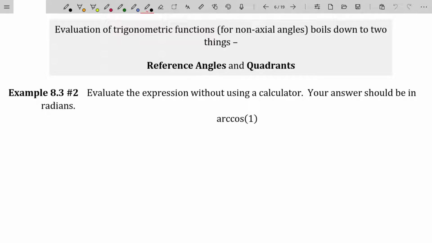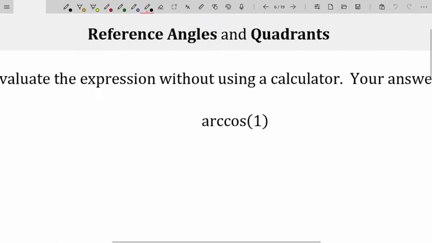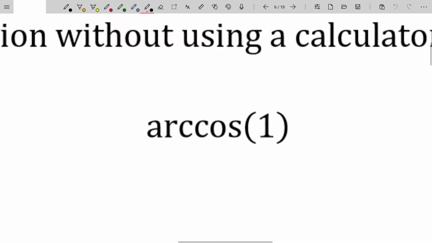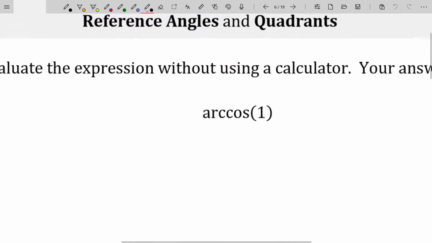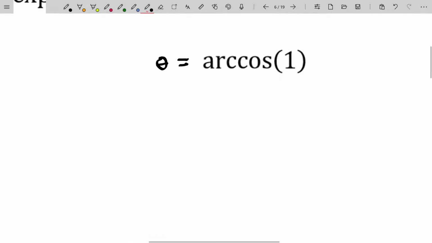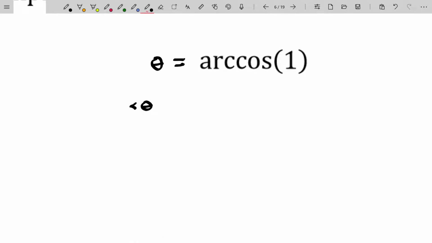Now we get to an example with a ratio that is not one of our special right triangle ratios. Instead, this is a quadrantal ratio. So I will go ahead and say that this is some angle right there. And I know the restrictions on the arc cos, or the inverse cosine, is that my angles have to be between 0 and pi.